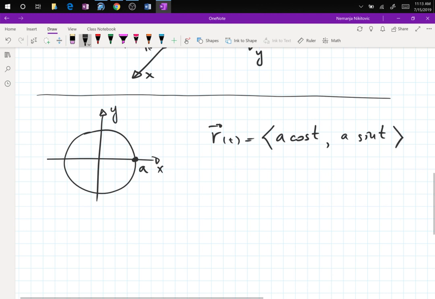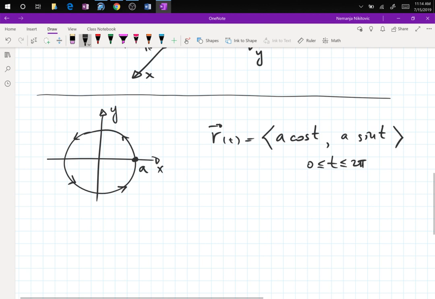And we'll let t go from 0 to 2 pi to give me the full circle. This is a vector valued function, which is just a collection of two parametric equations, and it creates a circle. Radius is a, and we know it's counterclockwise because cosine was first. If you put sine first, it will be clockwise.